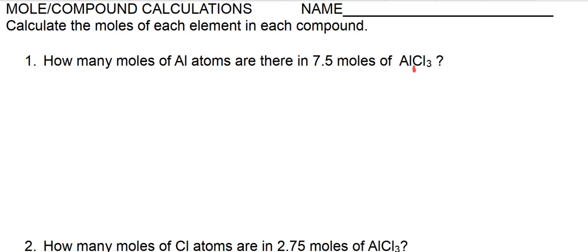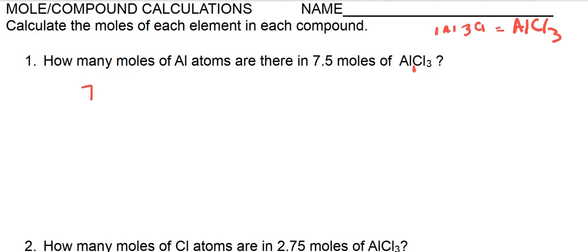That's our conversion factor: for every 1 piece of aluminum, there are 3 pieces of chlorine in AlCl3, aluminum chloride.